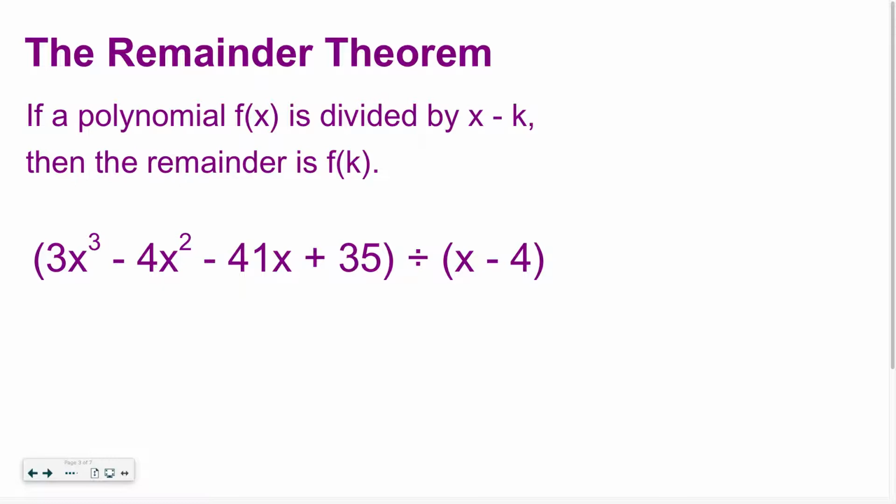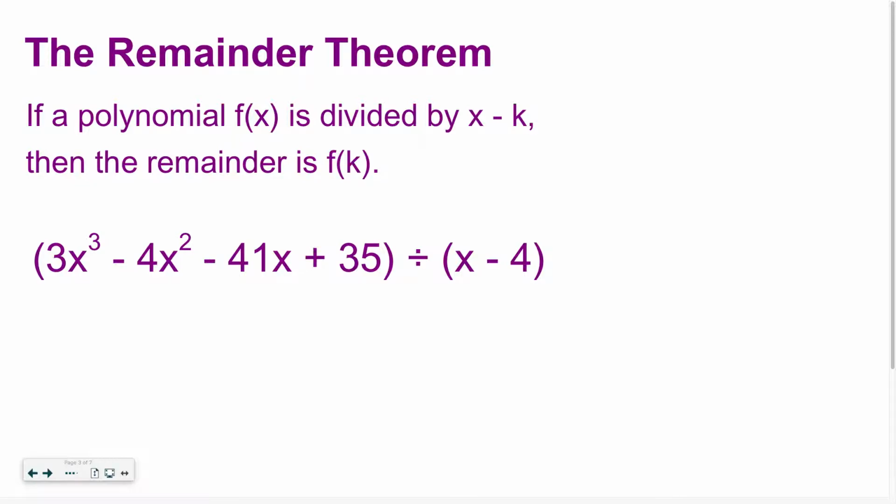If a polynomial f of x is divided by x minus k, then the remainder is f of k. Well, that would be what we call direct substitution, but we're going to do it through division. So we're doing remainders.